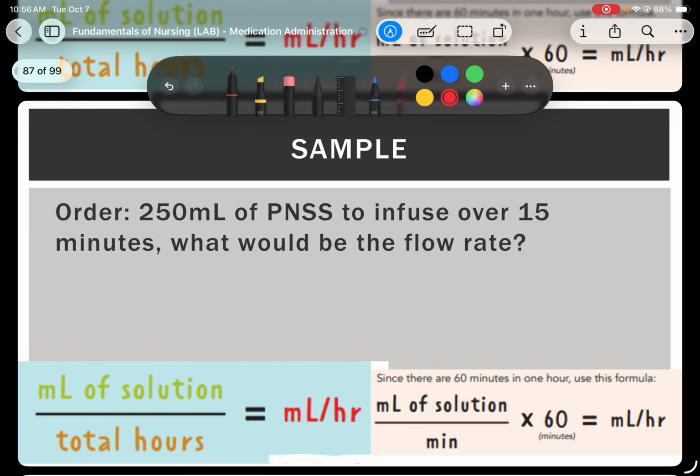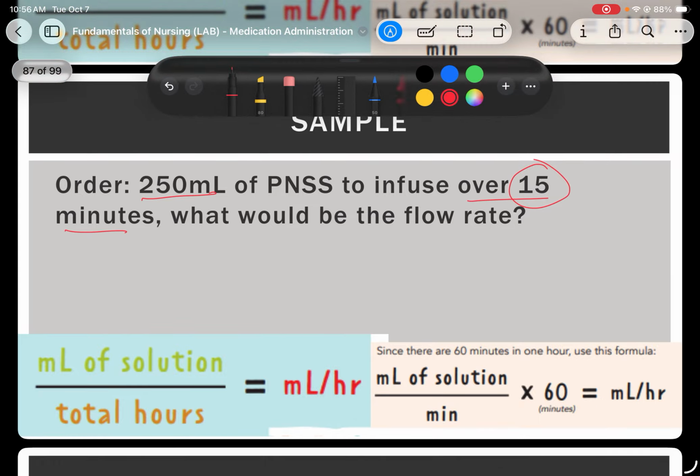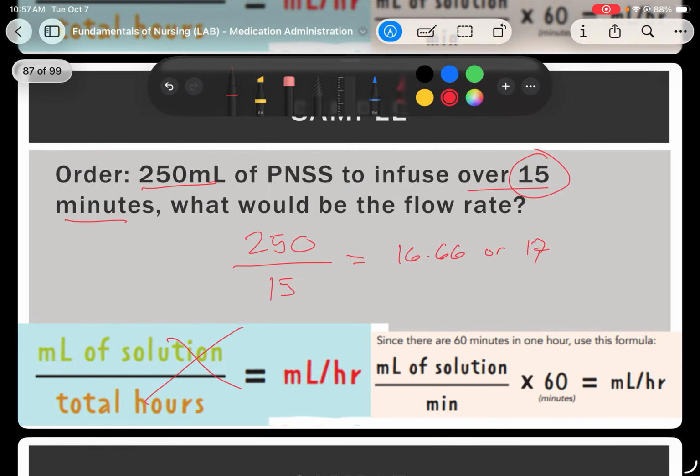Okay, let's move on to another example. 250 ml of PNSS to infuse over 15 minutes. What would be the flow rate? So now, class, it's 15 minutes, so we are not going to use this formula. We are going to use this one because we are using minutes. So 250 over 15. 250 divided by 15 is equal to 16.66 or 17.